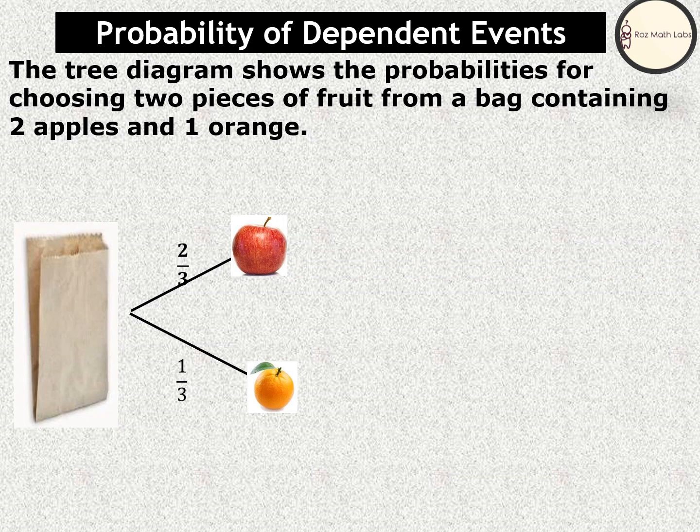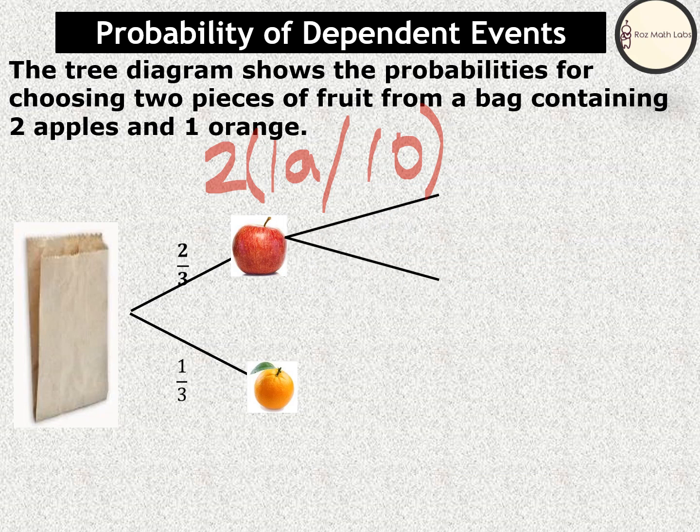Now the first event has already occurred. Again we choose a fruit randomly. In the first case, where we have already chosen an apple, now we are left with only 2 fruits, 1 apple and 1 orange. So let us again randomly choose an apple and an orange.